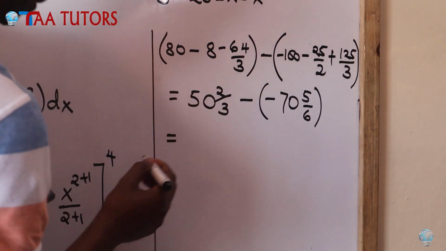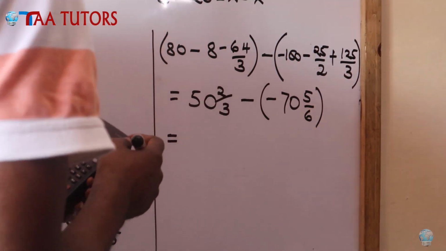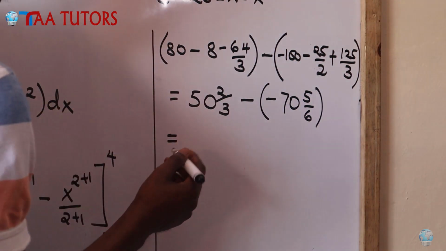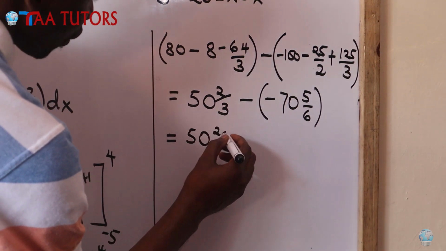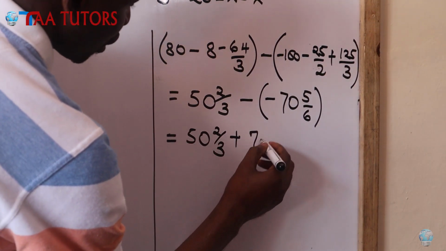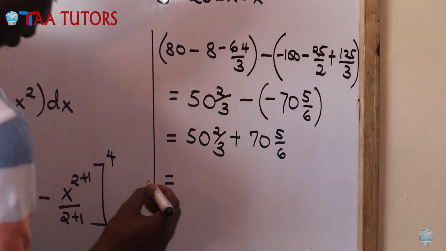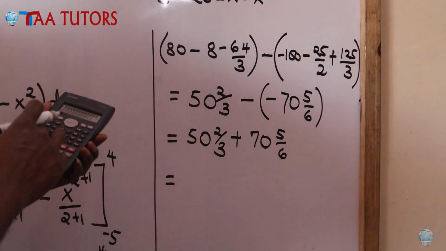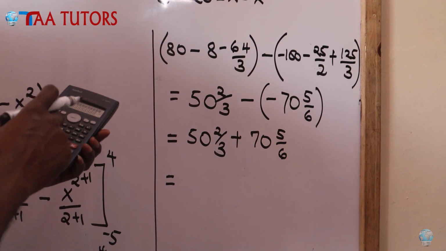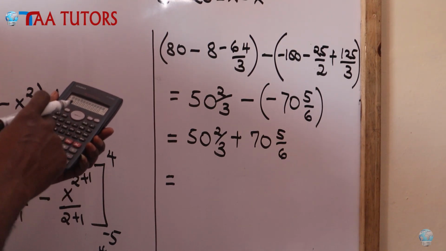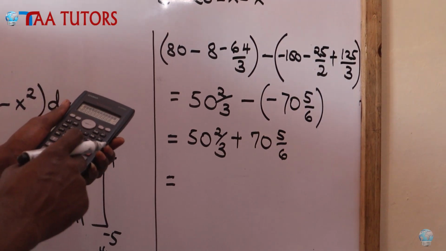So that's what we have. So viewers, we know that this is minus, this minus. So what we are going to do, we are going to subtract. And we know minus will be positive. So it will be 50 and 2 over 3 plus 70 and 5 over 6.